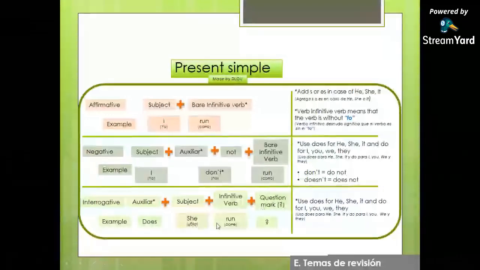Does she run? In this case, we use does because we are talking about she. But if you are talking about I, you, we, or they, we use just do. And the verb is without s, even if you are talking he, she, or it. Why? Well, because you are using does, and does has the es termination. And it's all about this session.